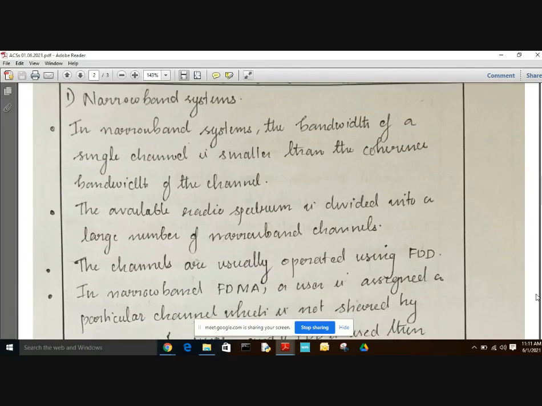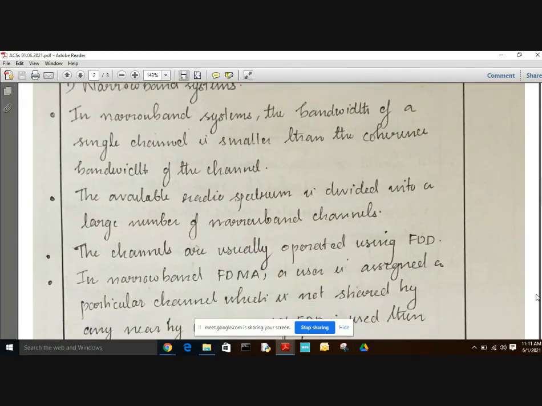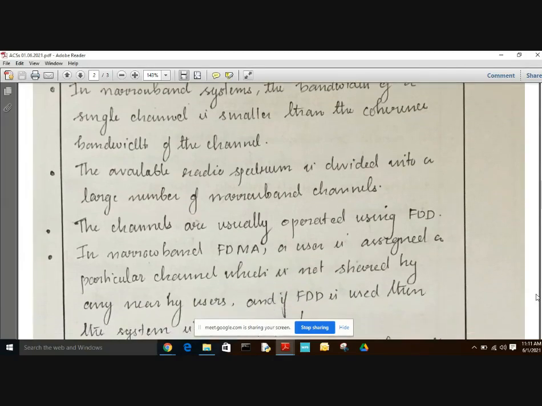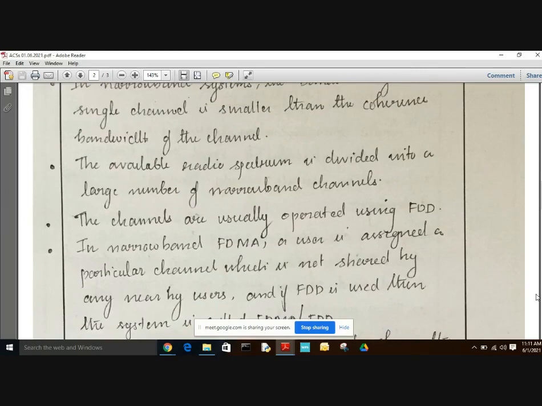The channels are usually operated in FDD, that is frequency division duplexing. So in narrow band FDMA, a user is assigned a particular channel which is not shared by any nearby user. One particular narrow band is assigned to one particular user and it is not shared by any nearby user.